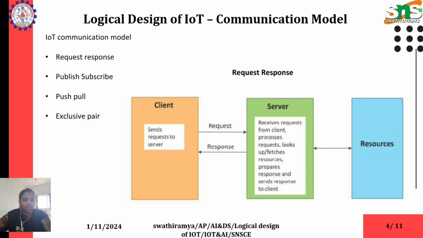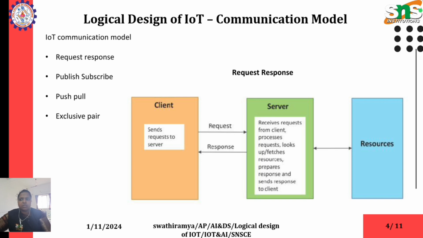From the diagram you can understand it very clearly. The client will request some data from the server. The server will connect to the resources, take the necessary data, and reply back to the client. This is how the request-response model works. In this model, the client requests and the server responds.